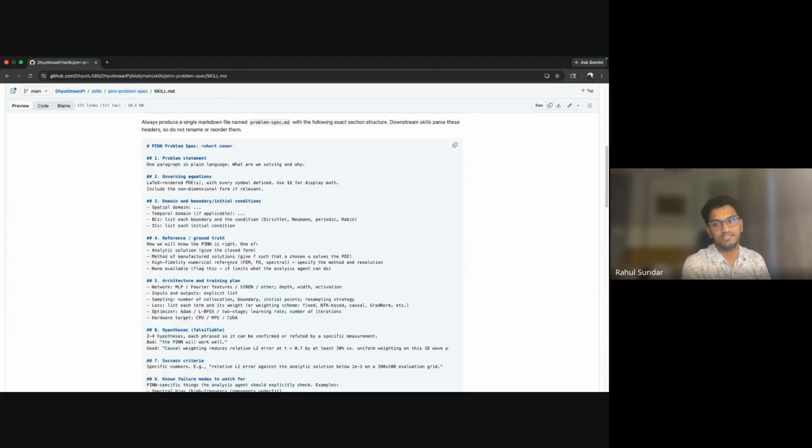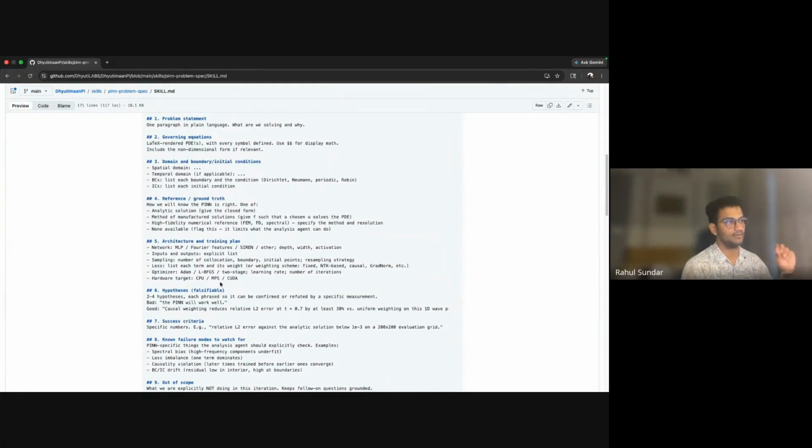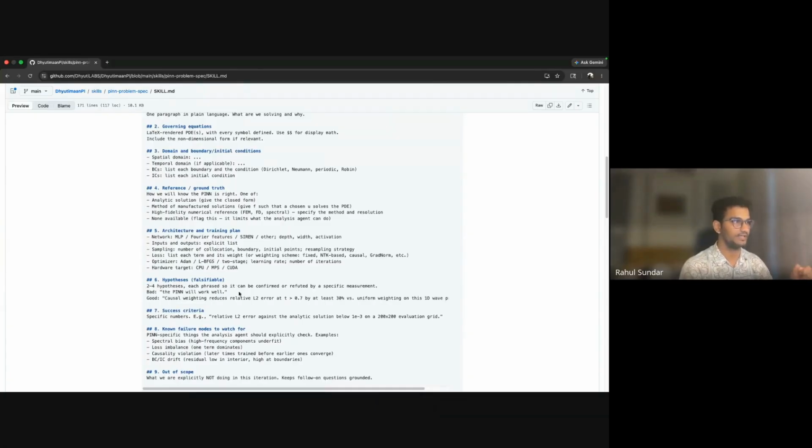Mandatory reference solutions have been baked in, so you have a way to validate and verify the outputs of your model. And then architecture and your training plan, and the hypotheses, which must be falsifiable. They have to be phrased such that there's more causation involved, so changing something results in something else, right? That causation has to be picked up by these hypotheses.